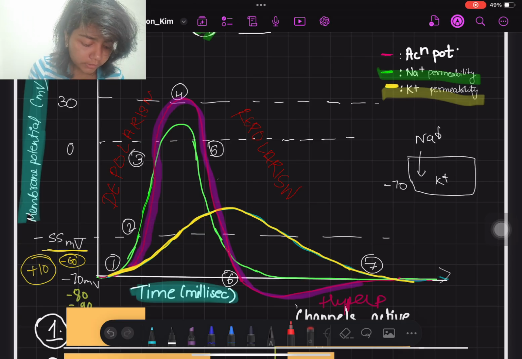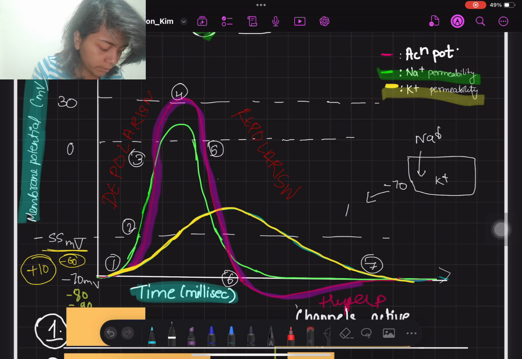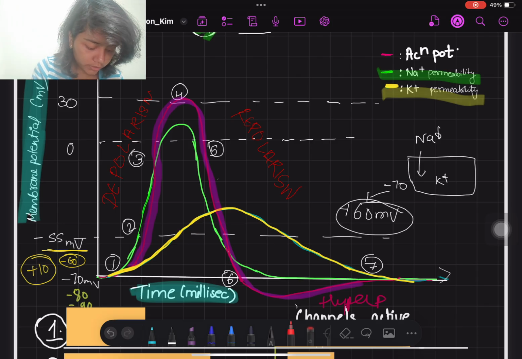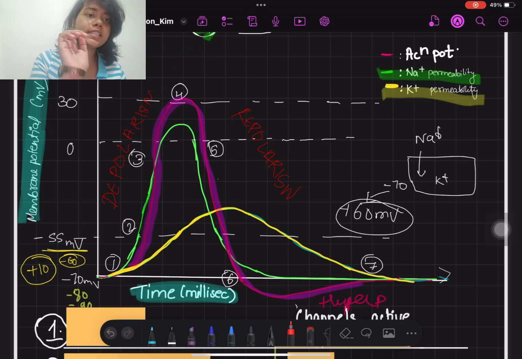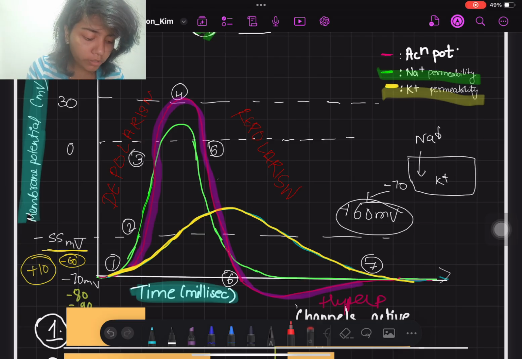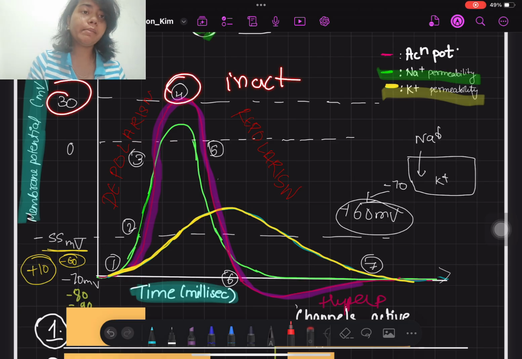Now this has a tendency to move towards plus 60 millivolts, because plus 60 millivolts is the equilibrium potential of sodium. But it wouldn't be able to reach there because there will be inactivation of gates happening at plus 30 millivolts.